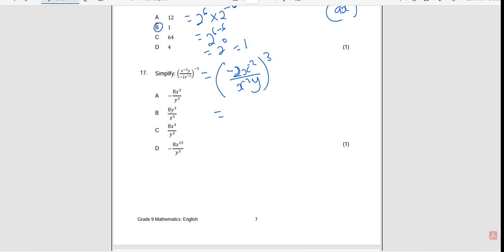The next step now is going to be -2. So what I will do now is -2x to the exponent of 3 divided by x squared y, and everything is going to be in the brackets.